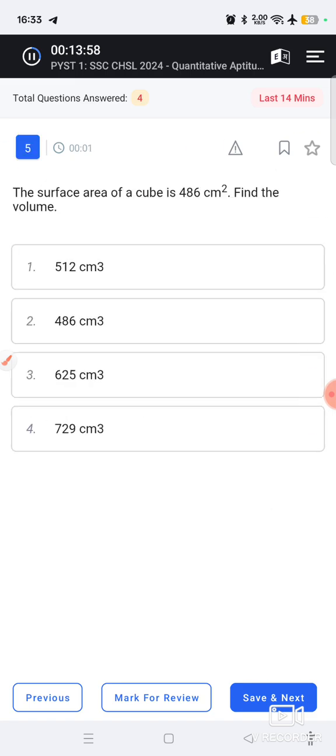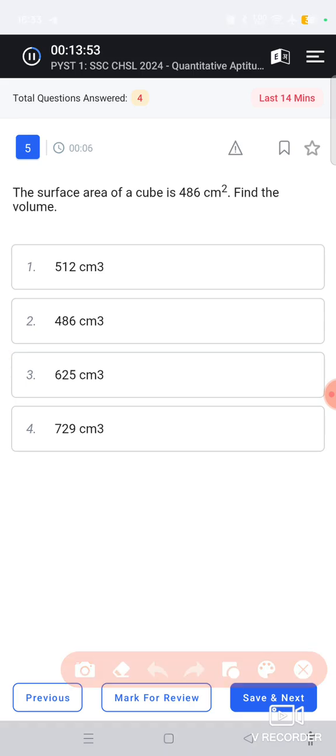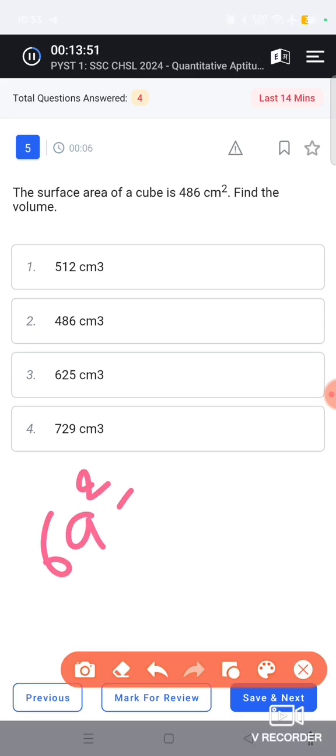The surface area of the cube is given. What is the surface area? 6a square is equal to 486.